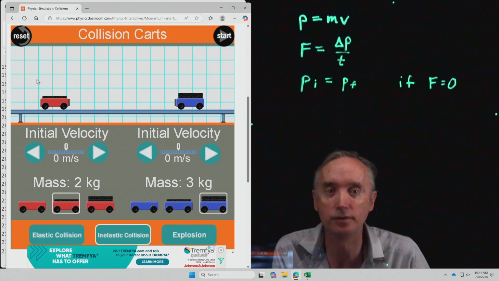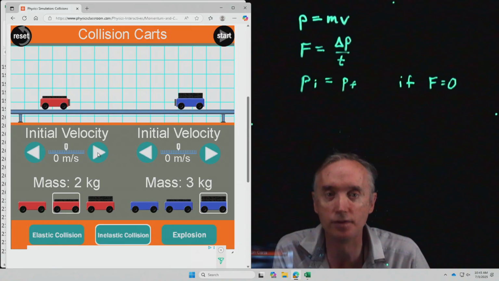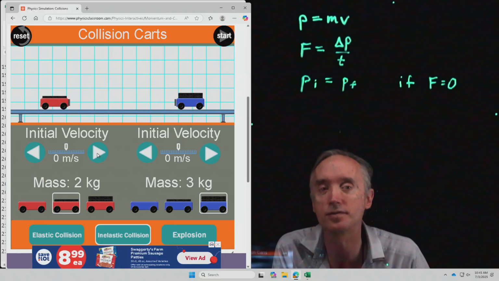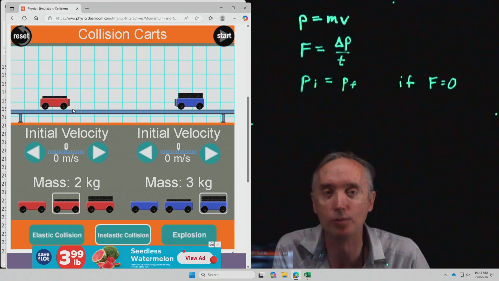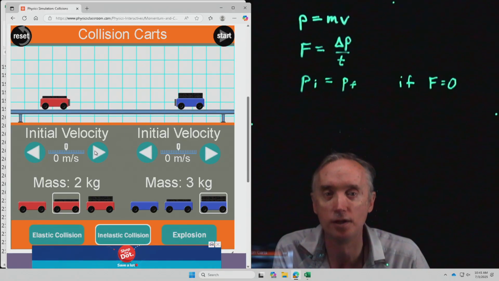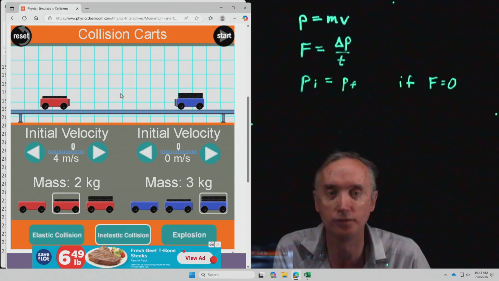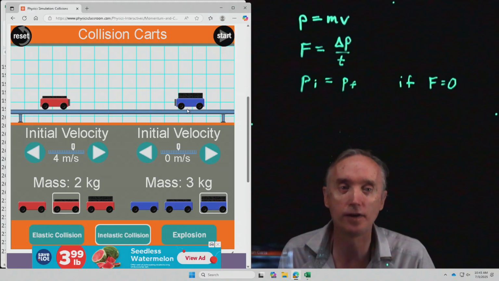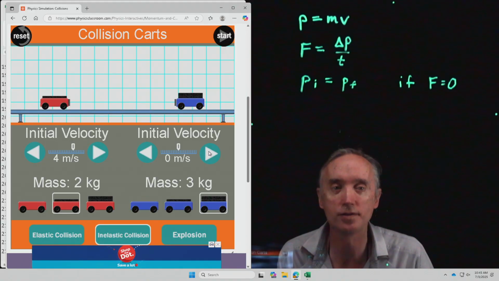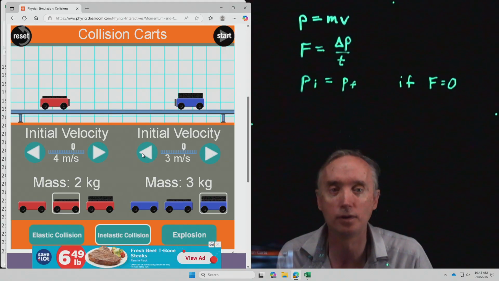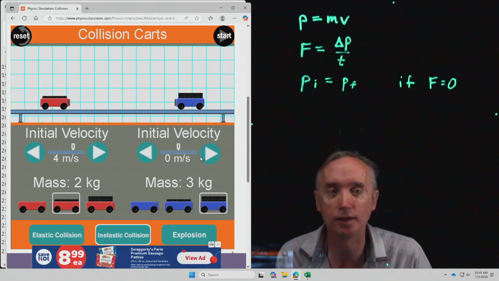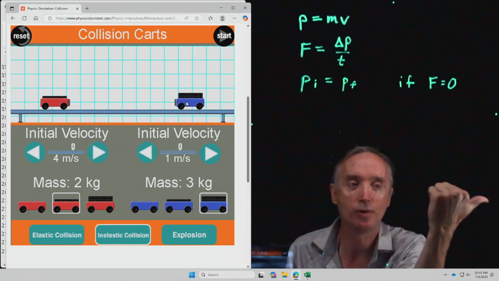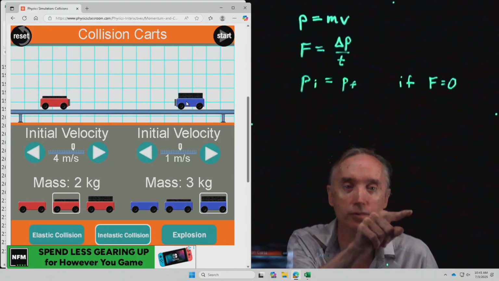All right, so let's reset it. And then this time, let's give this one a velocity. Now, should I give it a positive velocity or a negative velocity? Well, we want it to collide with this one, so I better give it a positive velocity. If I gave this one a velocity of 1, then the blue one would start going this way, but eventually the red one would catch up with it.